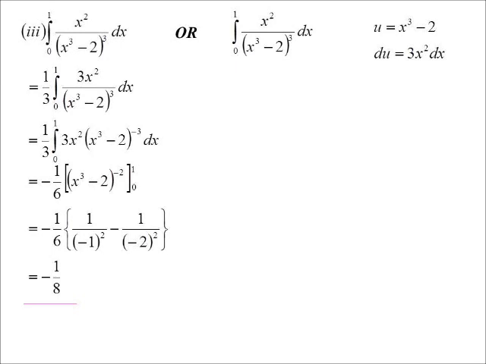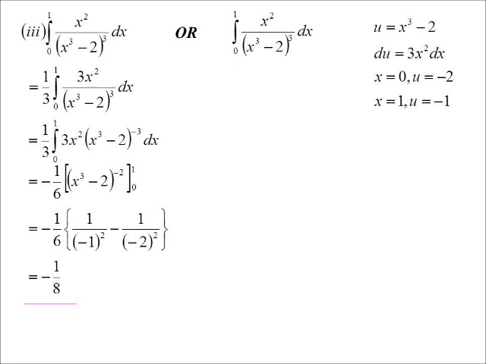So I can substitute in. However, once I change those pronumerals, these limits are no good, because those limits refer to x. My new pronumeral is u, so I have to substitute for those limits as well. And it's easy enough to do, because we have a formula here. u is x cubed minus 2. So when x is 0, u must be negative 2. And when x is 1, u must be negative 1.